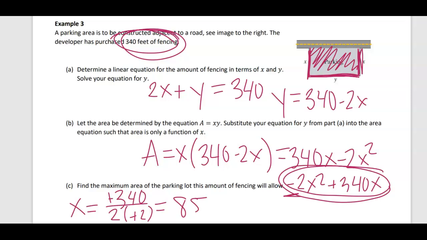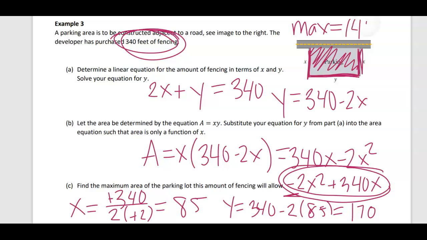Well, when x is 85, y is then 340 minus 2 times 85. And that ends up being 170. And so the maximum area would be x times y. And so this area is max at 85 times 170, oh my goodness, which is 14,450.